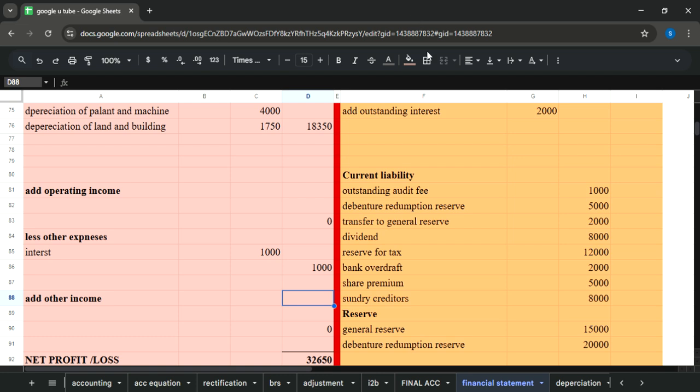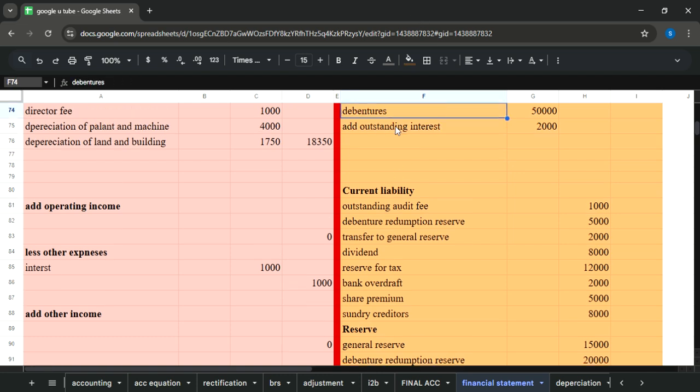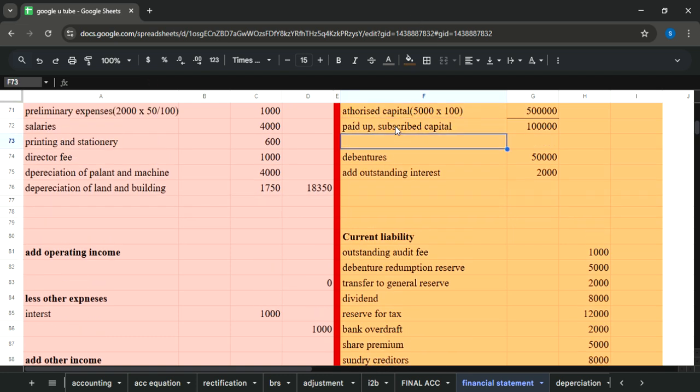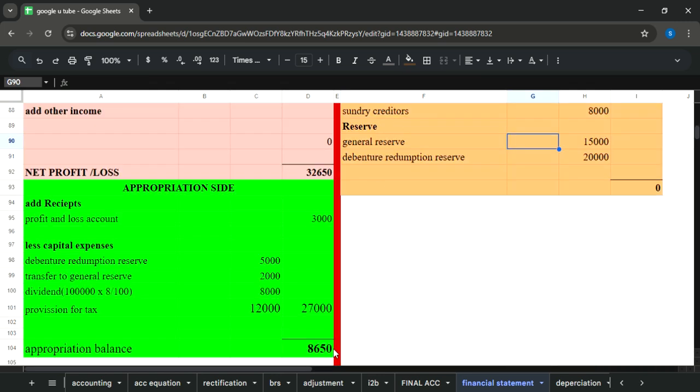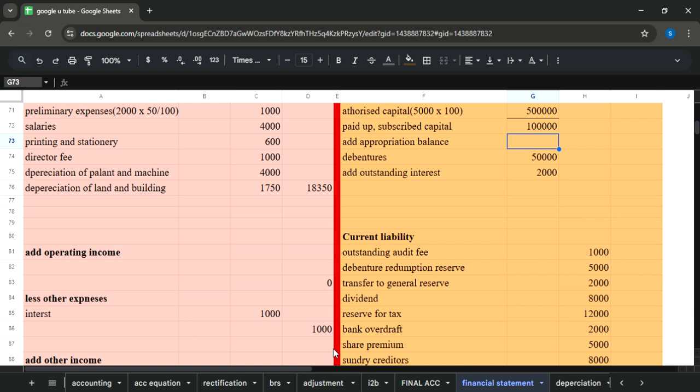We will now go to fixed liability side. And here a place is reserved for appropriation balance, which would now be transferred. Amount we have calculated for appropriation balance is 8650. Write down in fixed liability side.